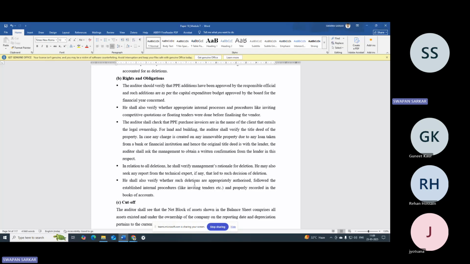For land and building, the auditor shall verify the title deed of the property.